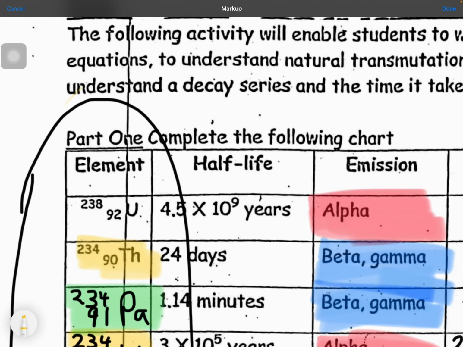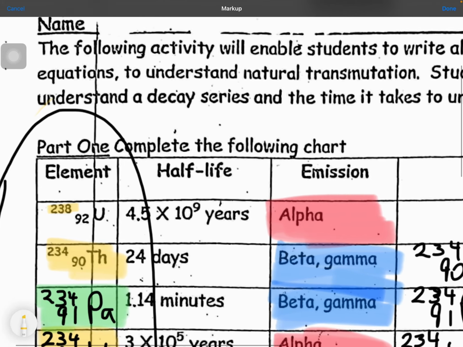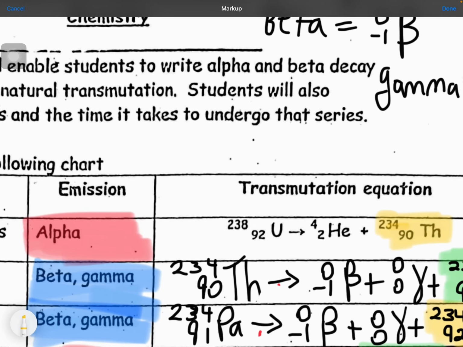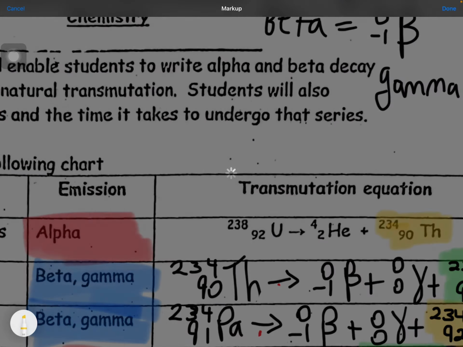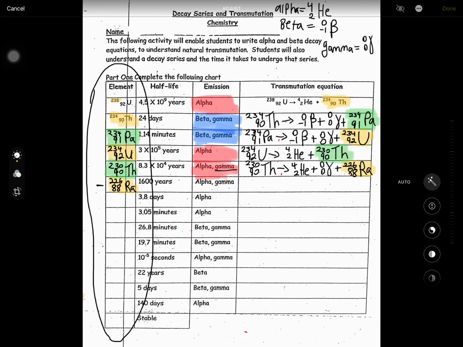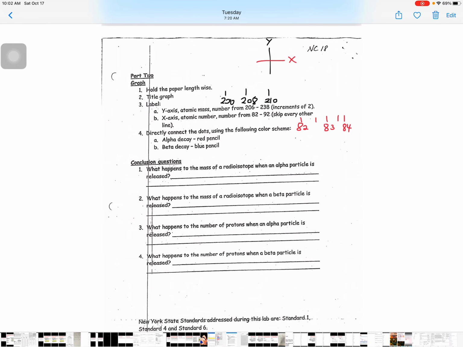So you can see that the mass goes from 238 to 234. So we can see that mass is decreasing. So our first answer for question number 1 is the mass decreases.